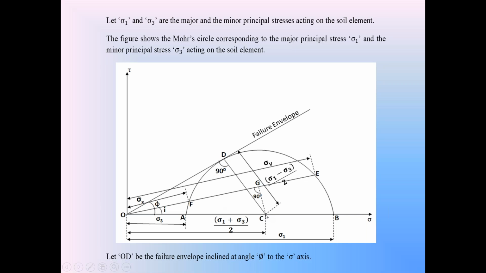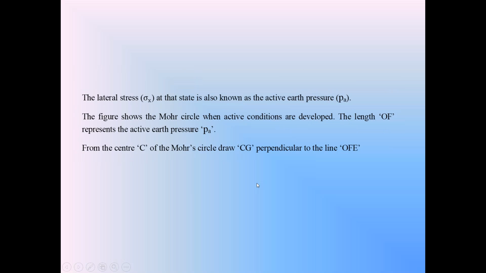So apply the Pythagoras theorem: CF square is equal to CG square plus GF square, that is, CF square is equal to CG square plus FG square.